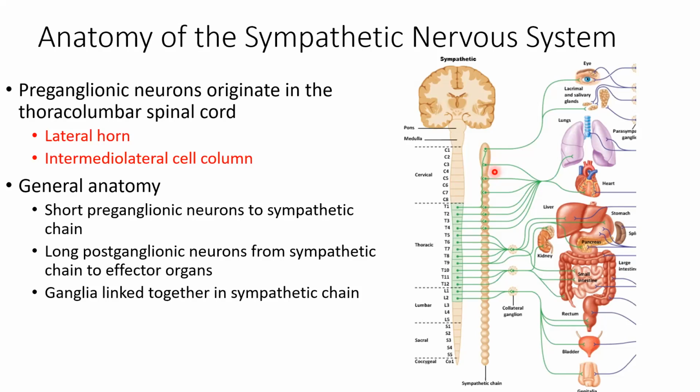If you remove the visceral organs and the peritoneum, it's right next to the spinal cord, and it looks just like what it sounds like. It's like a bunch of pearls on a string, or a chain type configuration that's associated with either side of the spinal cord. Okay, so that's the sympathetic chain.